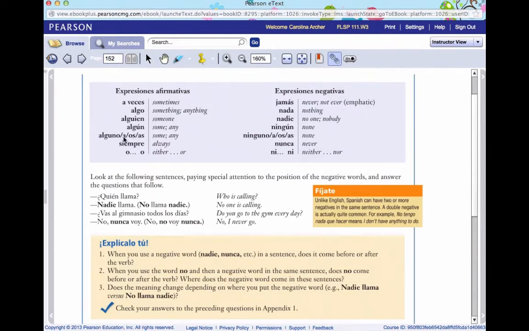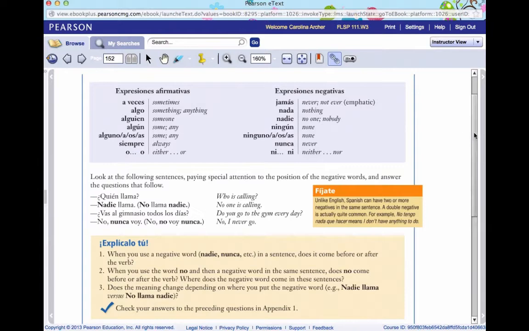Okay, and we're gonna get into that in a minute here. Siempre, always, and then you have either or, which is o, just very simple, or something or something. And then you have the negative expressions: jamás, nada, nothing, nadie, no one, ningún, none, and the same case here with algún. We have ningún, and then ninguno, ninguna, ningunos, ningunas, nunca, y neither, nor, ni, okay?